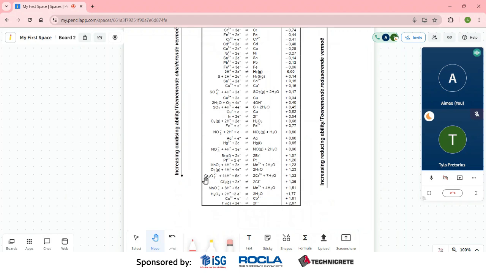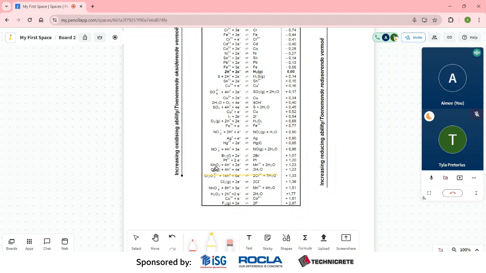And here it is. Just takes you a minute to find it, but here it is. They asked you to write out the half reaction, and this is it. Okay? You write it out exactly as it is here because it starts as Cr2O7 in the equation as well.